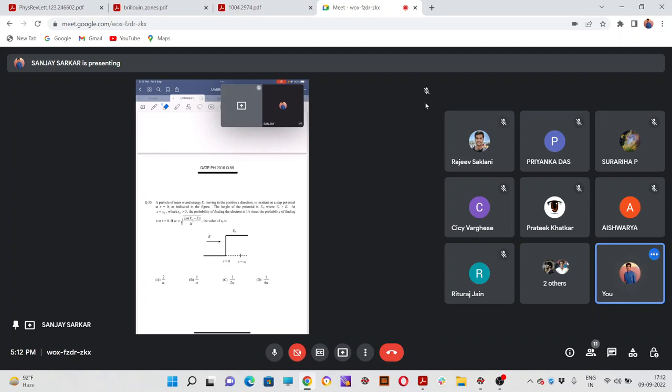So you need to solve the Schrodinger equation and find the wave function first, and then you need to apply this condition that at x equal to x0, the probability of finding the electron is 1 by E times the probability of finding at x equal to 0, and then you can solve for this value of x0. So I think you should try this question first.